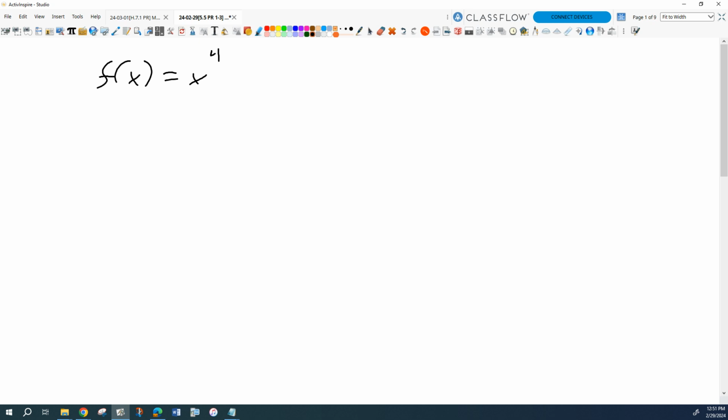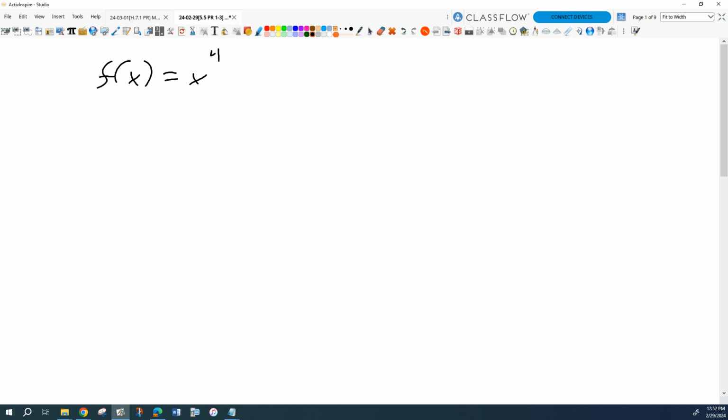It has a 0 first derivative and a 0 second derivative at x equals 0, right? But it's not a point of transition of concavity, so it ends up being just a minimum instead.